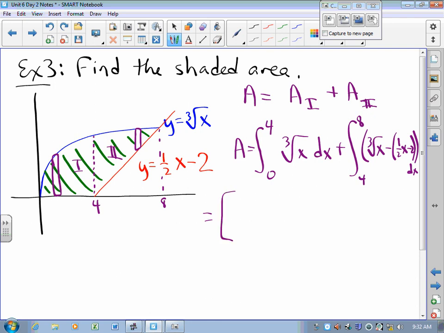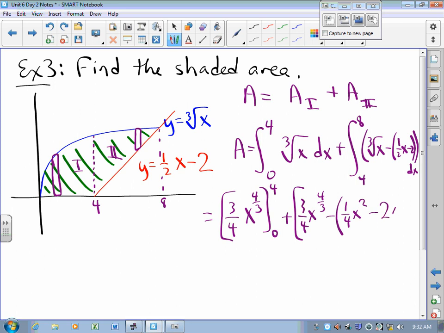Antiderivative of x to the 1/3 is x to the 4/3 divided by 4/3, evaluated between 0 and 4, plus 3/4 x to the 4/3 minus the antiderivative of 1/2 x, which is 1/4 x squared. Antiderivative of 2 is 2x from 4 to 8. And if you crank all that out in the privacy of your own home, that's 8. So we've got to make sure if we're going to do top minus bottom that our top is always the same all the way across and our bottom is always the same all the way across.